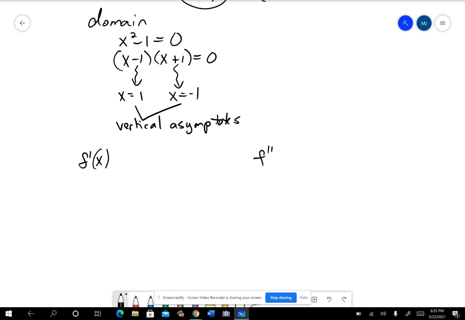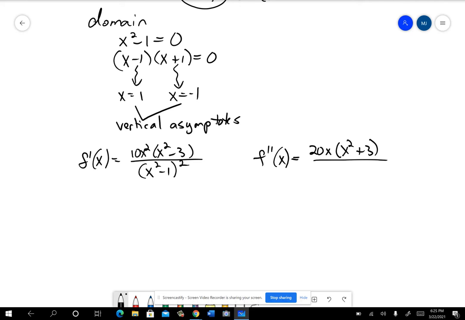So f prime of x turned out to be, let me keep it in factored form, 10x squared times the quantity x squared minus 3 over x squared minus 1 to the second power. And f double prime turned out to be 20x times x squared plus 3 over x squared minus 1 to the third power, okay?